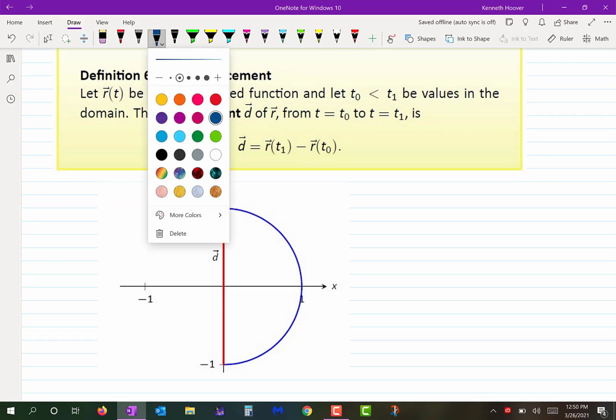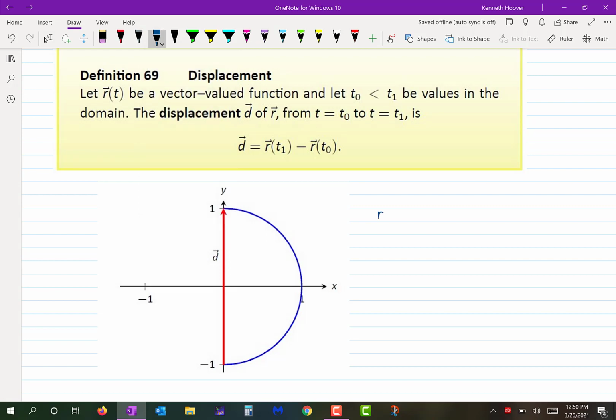What we have is r of t equals cosine of pi over 2 t, comma sine of pi over 2 t, on the interval from -1 to 1. Okay? And that's the blue semicircle.